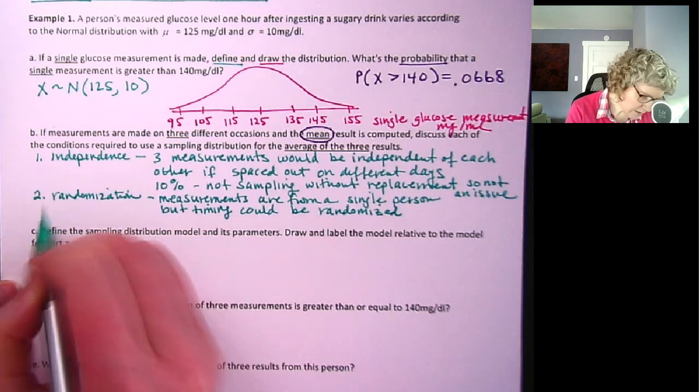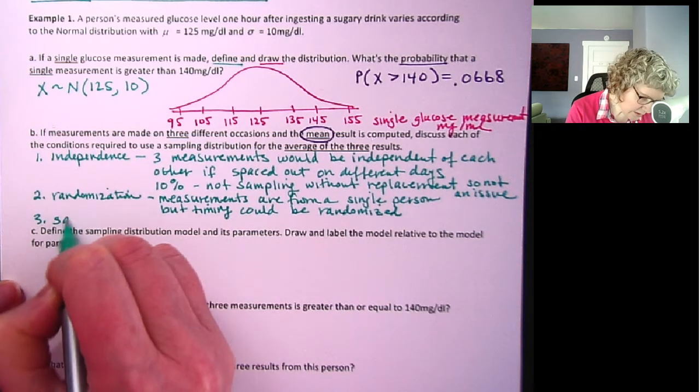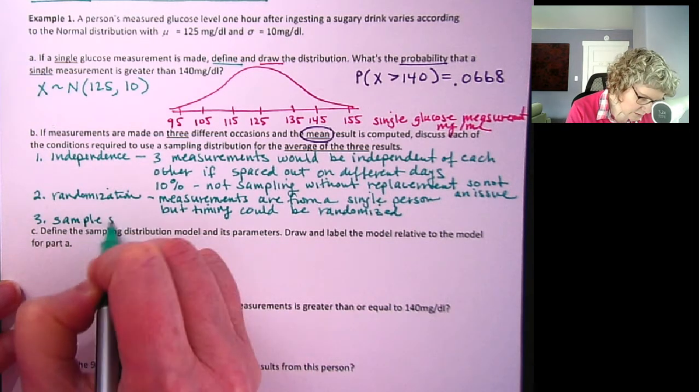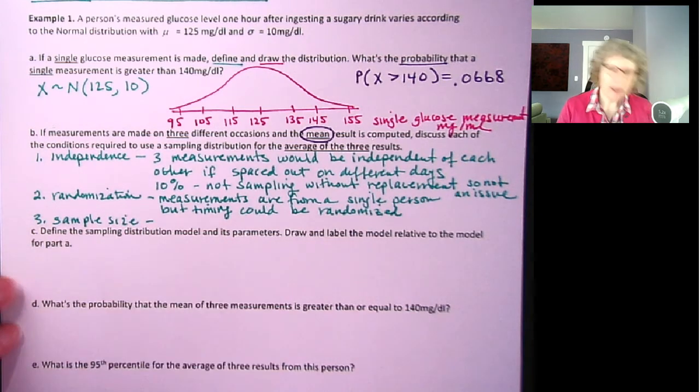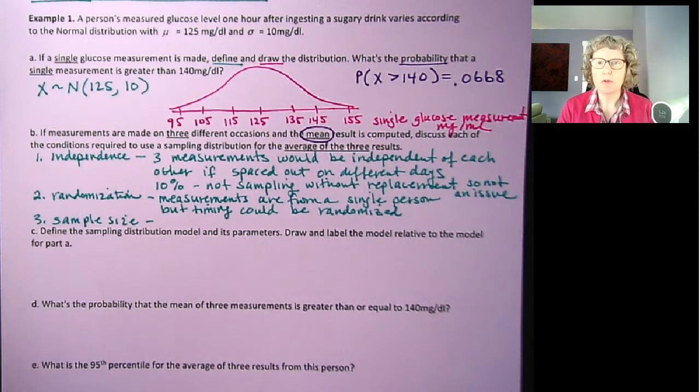Okay, and then the last one is sample size. Because we are starting with a normal population, because measurements are usually normally distributed, any sample size is fine. So 3 is very small, right? But that's okay, because we saw in our simulation, even with a sample size of 2, that the distribution of the means was normal when the population was normal.